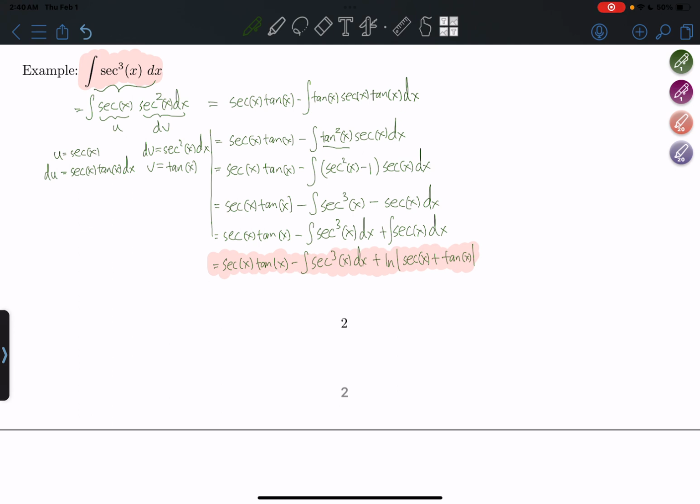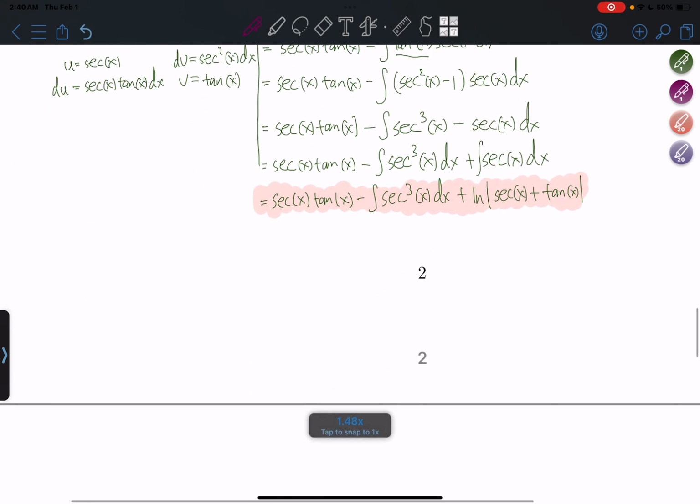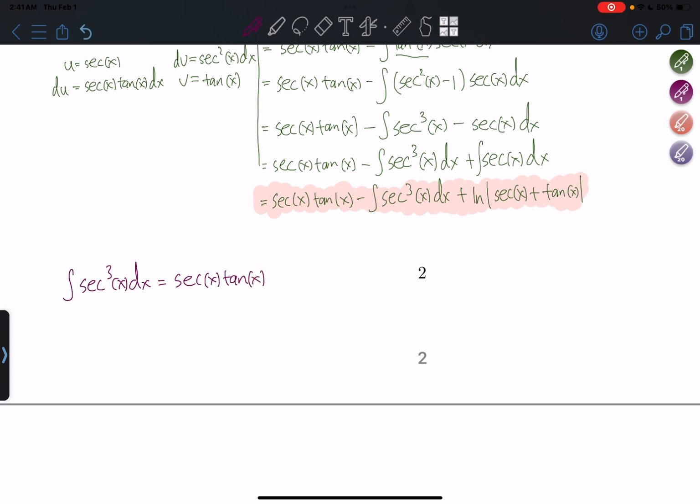So what we have so far is the integral of secant cubed x dx equal to secant x tangent x minus the integral of secant cubed x dx plus ln of secant x plus tangent x, like that.